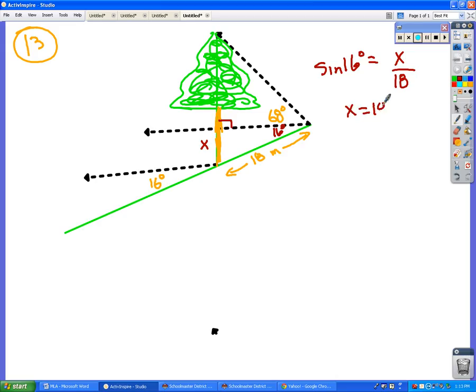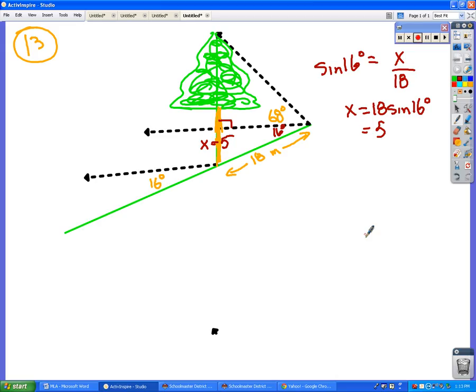So that little piece of the tree would be 18 times the sine of 16 degrees, which is about 5. So this little section of the tree is about 5 meters tall. It's quite the big tree trunk. Okay, so that's part of it.